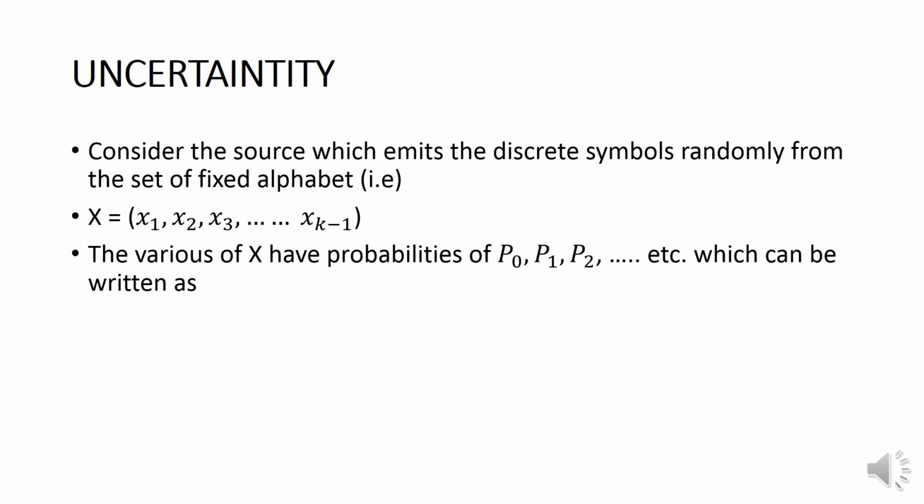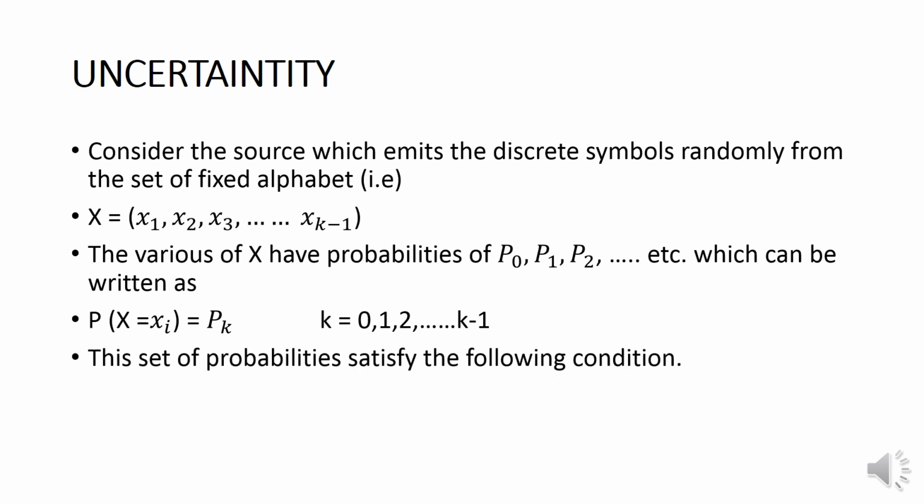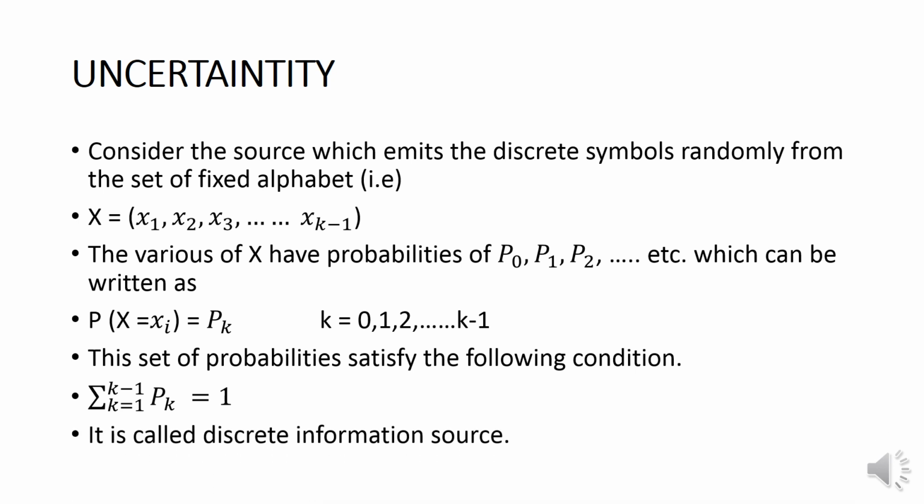The various symbols in X have probabilities p0, p1, p2 and so on, which can be written as the probability of X equal to xk is equal to pk, where k is equal to 0, 1, 2 and so on up to k minus 1. This set of probabilities satisfies the condition that the summation of pk from k equal to 0 to k minus 1 is equal to 1. It is also called a discrete information source.